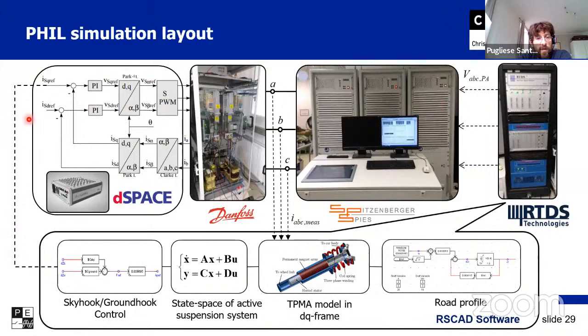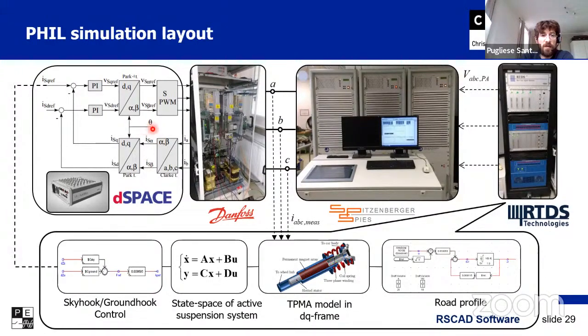As you see here, the controller is receiving some signals from the RTDS, which are the dq references, which depend on the force of the Skyhook-groundhook controller. In reality, we also need another piece of information, not shown here, which is theta.